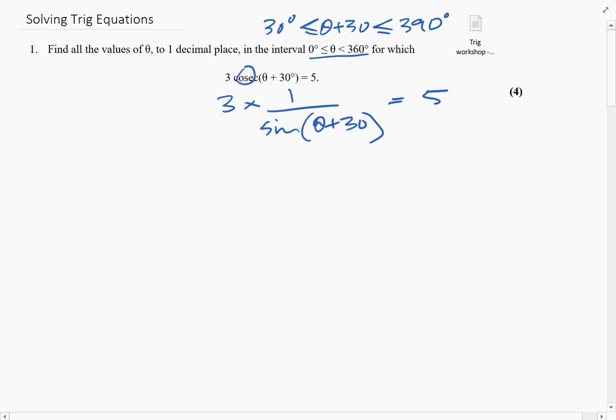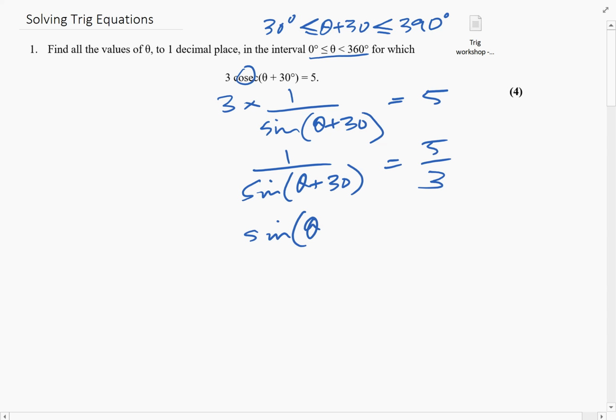Next divide by 3, so then 1 over sine theta plus 30 equals 5 over 3. Now if we do the reciprocal of both sides, we get this, and this is very similar to the kind of questions you would have done in year 1.